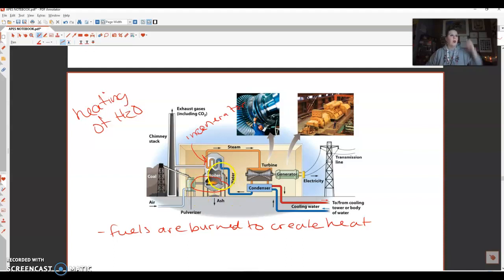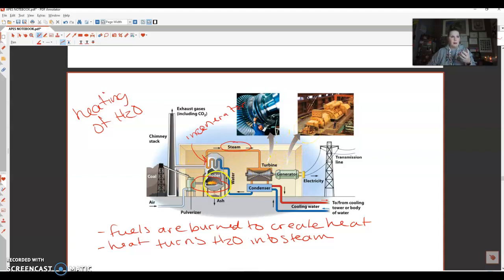So you have water that's piped through the incinerator unit. When water gets heated up, what does it produce? Steam, okay. So the heat in the incinerator unit turns the water into steam, okay? Now, the steam, we're talking about water vapor in the air.